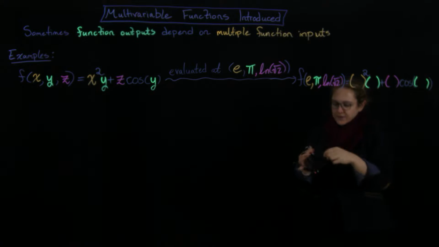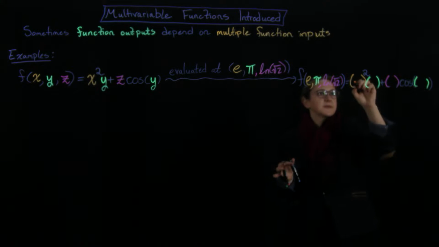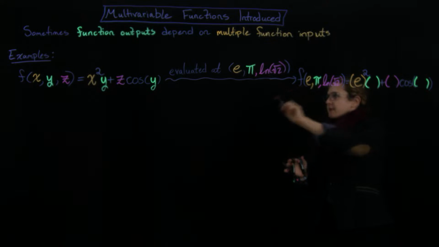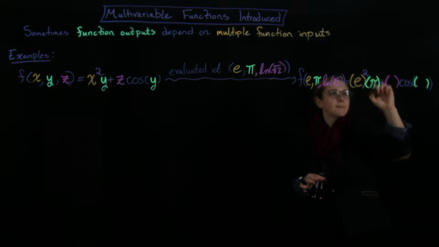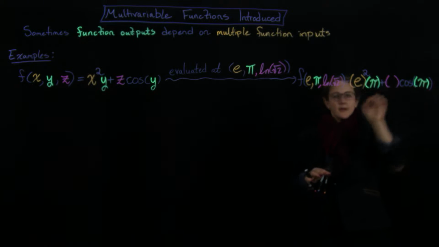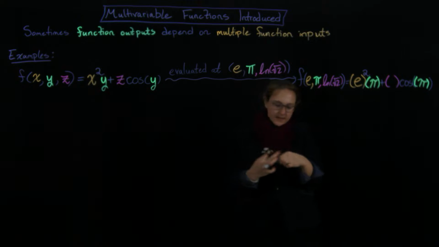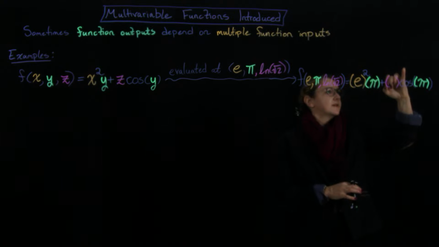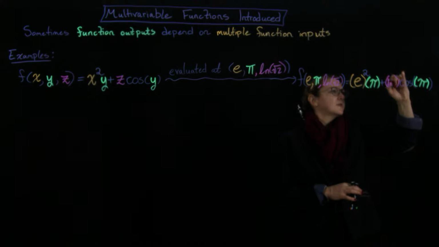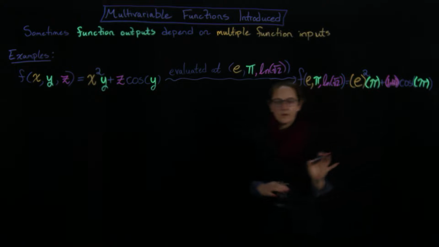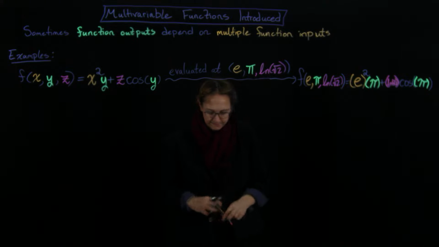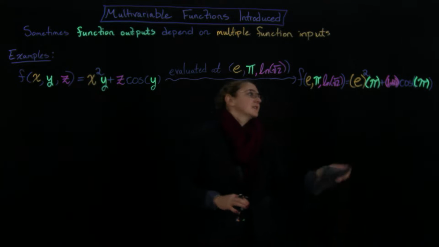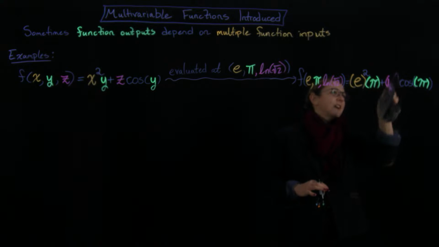So my first variable I put in every time I was supposed to have x, so I have parentheses for that. Every time I was supposed to have y, I have my parentheses for pi. And then every time I was supposed to have z, I have my parentheses for ln of the square root of 2. There's no way you can see that.